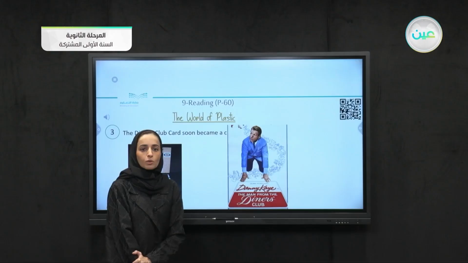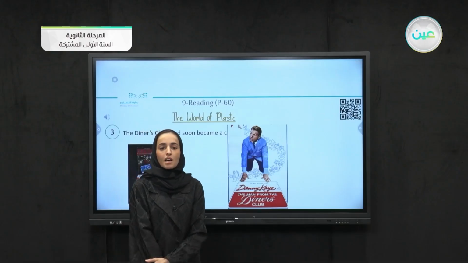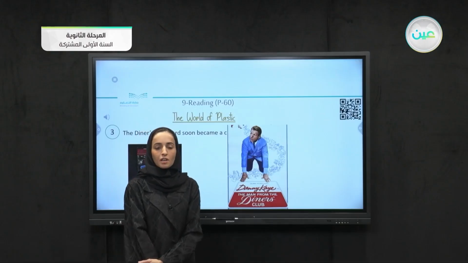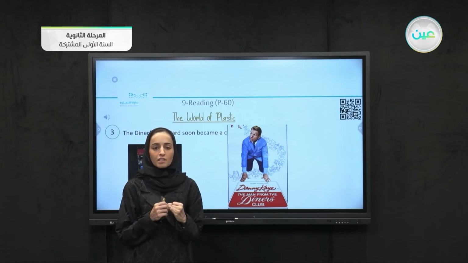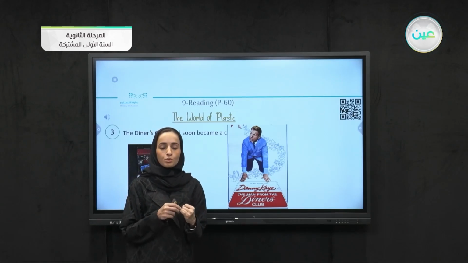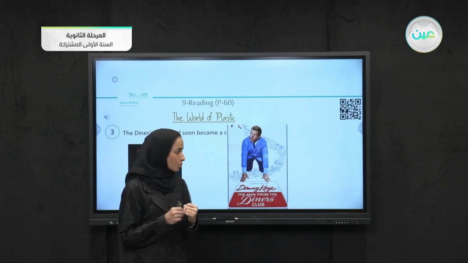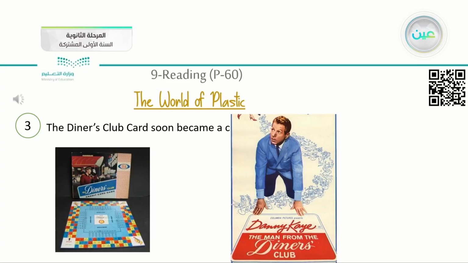Okay, so they have told us here how it became a cultural icon. We're having a movie from Hollywood. They invested or cashed in on the idea of the credit card. They produced a movie which is called The Man from the Diners Club. And also we're having a board game for young people which is called the Diners Club game. So the idea is expanding.